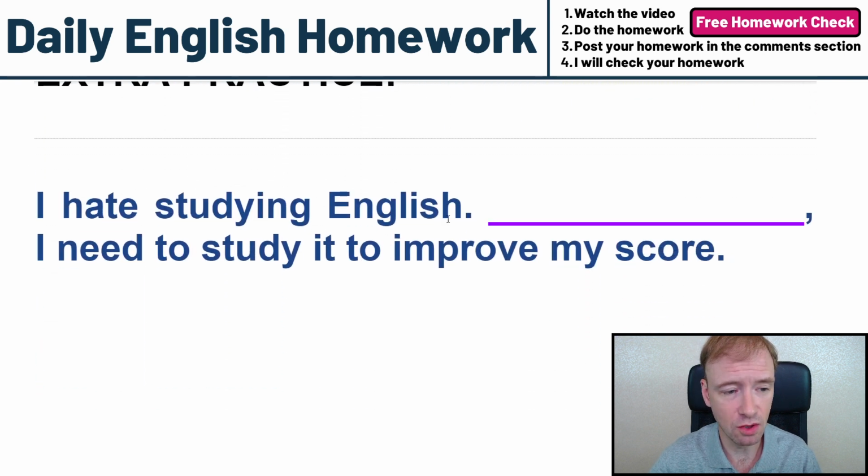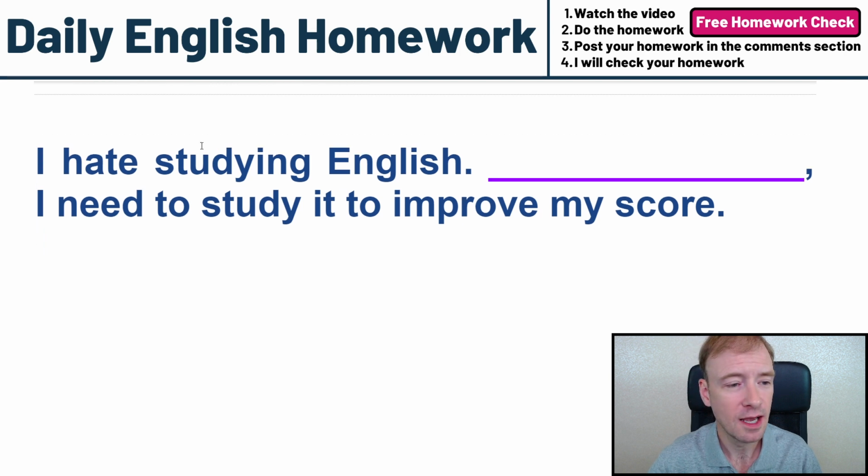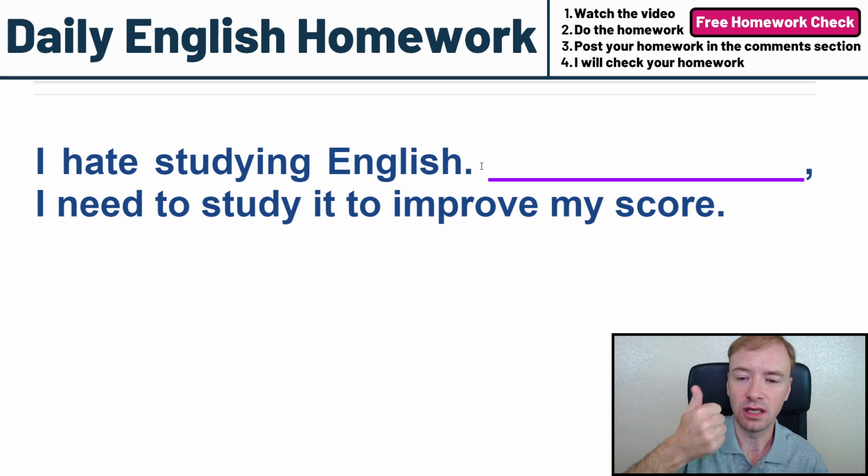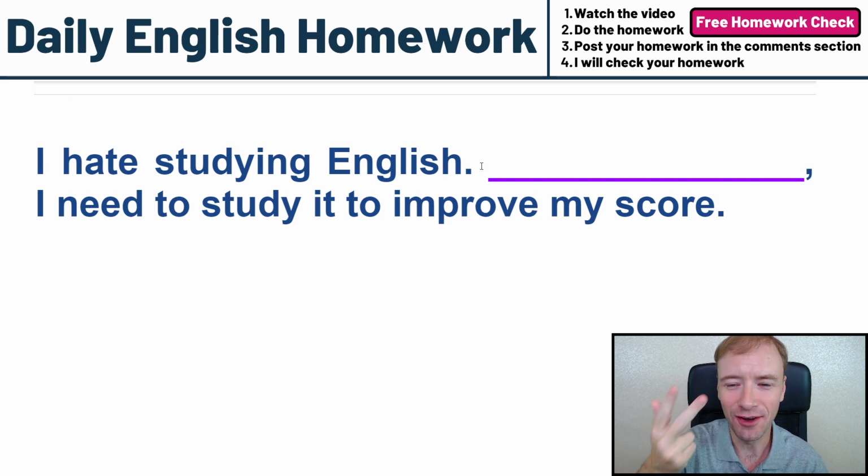Extra practice. So let's take a look. I hate studying English. I need to study it to improve my score. What is the answer here? I hate studying English. In contrast, on the other hand, on the contrary, what am I going to put here?